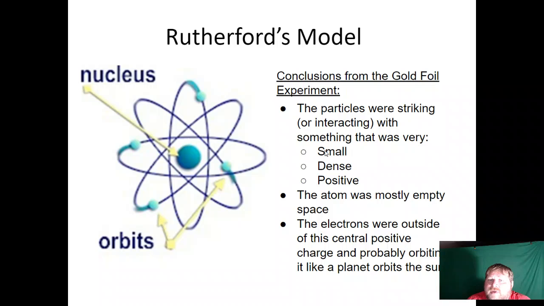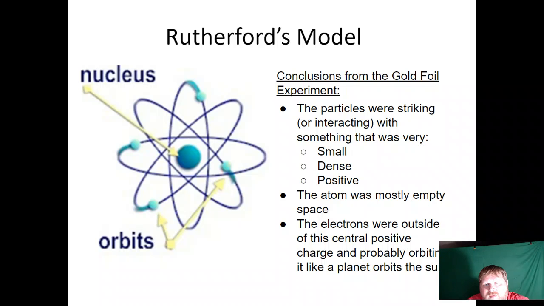He also knew that it happened very rarely. Very few of the particles bounced off sideways, even less backwards. Not very many slightly. So he knew that whatever it was interacting with was small, and the chances of it happening were small. And then thirdly, he said, okay, well, whatever this is hitting is pretty dense. It's really pretty massive.